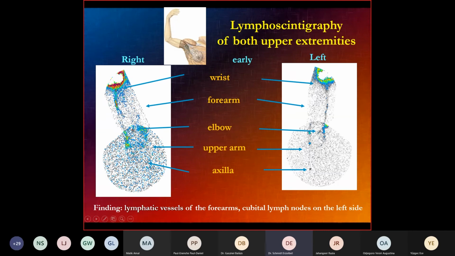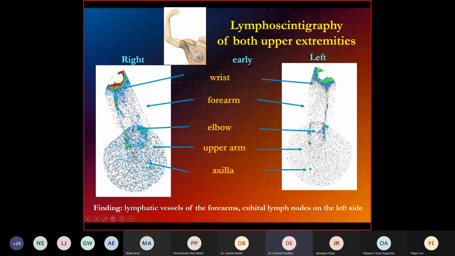In the early image, you can see only the lymphatic vessels of the forearms here. This cross represents the elbow, and this cross represents the wrist. So this is the region of the forearm.